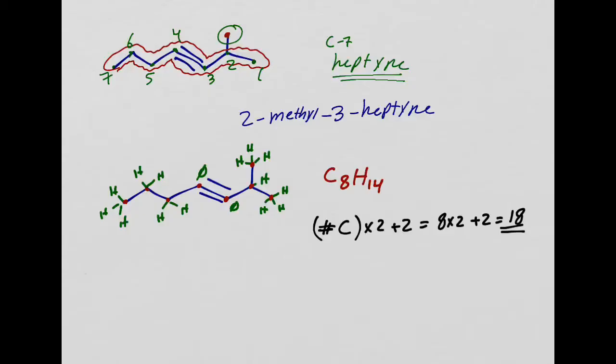Except what I said before: every ring that you have, you subtract 2 hydrogen. For every double bond, you subtract 2 hydrogen. For every triple bond, you subtract 4 hydrogen. Because instead of the hydrogen, now you have carbon-carbon bonds.